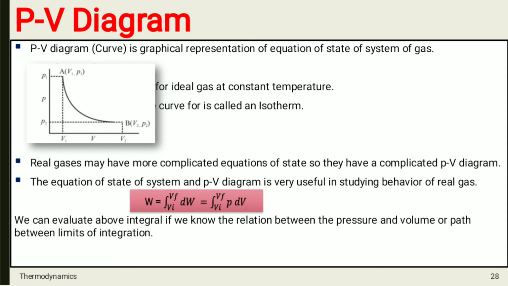Now, you have seen this equation in the first law of thermodynamics, where W is work done. If some system is changing its state from initial to final, or its volume from initial to final, and pressure of that system is constant, then work done of that system is given by the equation, integration with limits Vi to Vf of P dV.